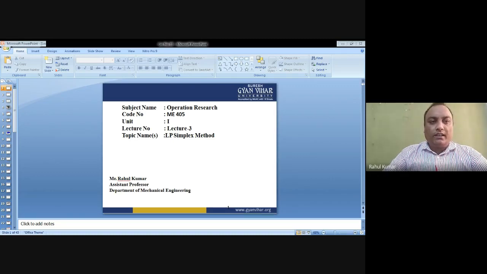It was already stated in the previous lecture that the most powerful method used for the solution of linear programming problems is the simplex method.